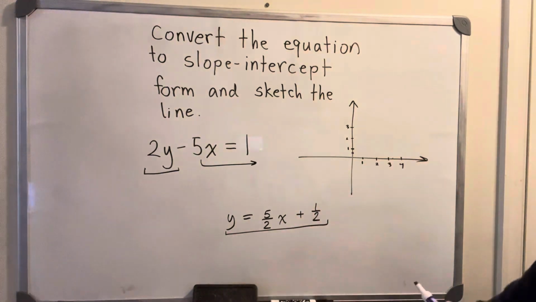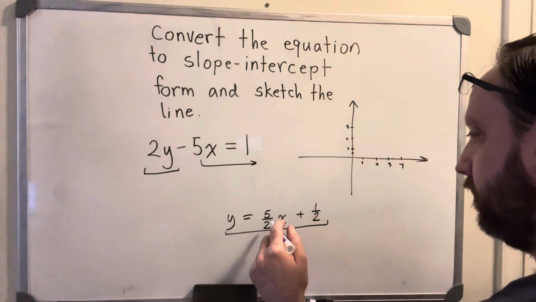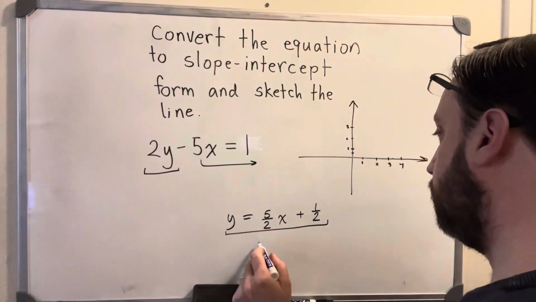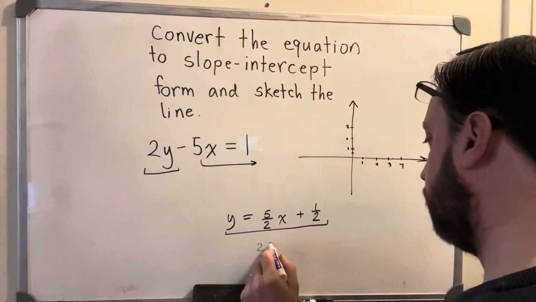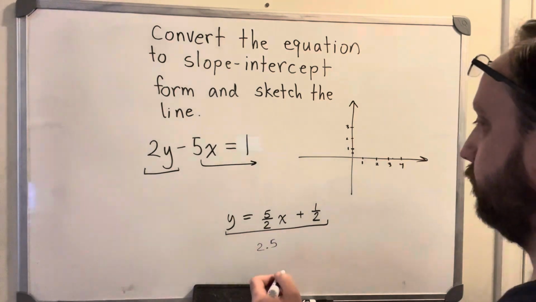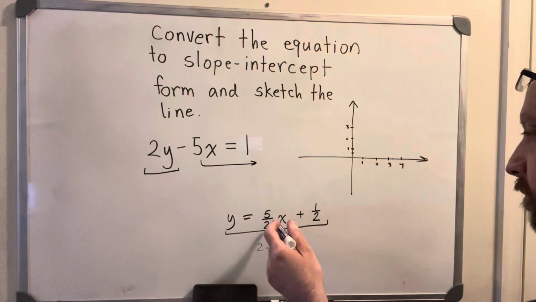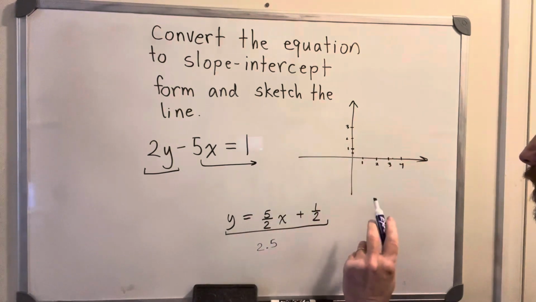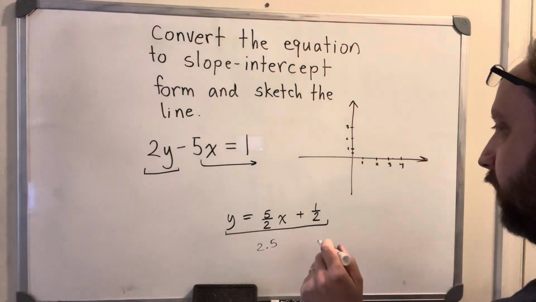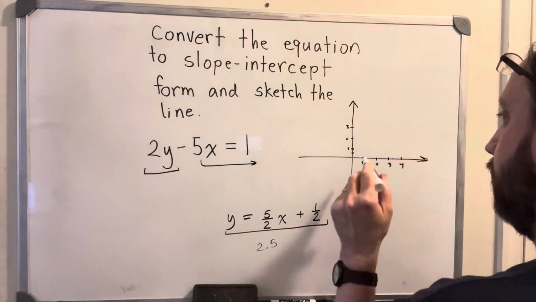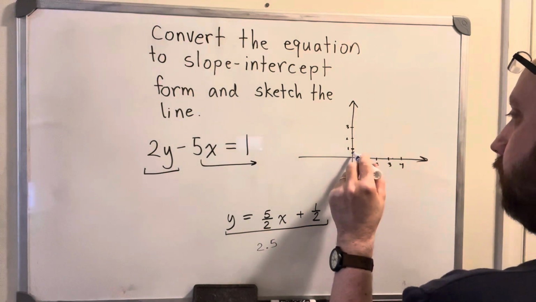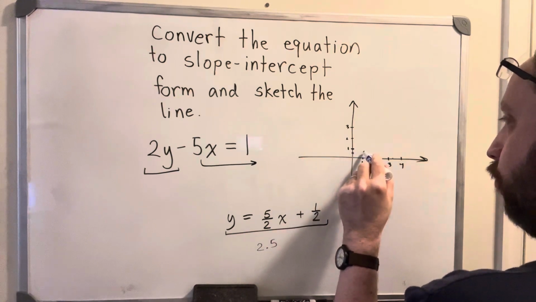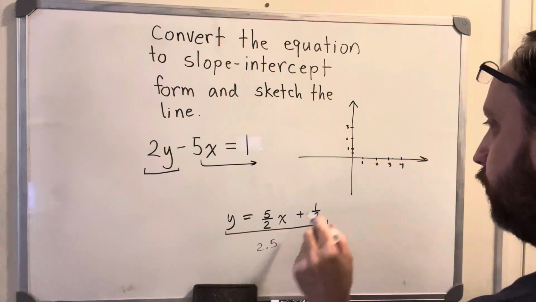Okay. Now what is 5/2 in decimal? It's 2.5, right? So that means every time x increases by 1, the rise is positive 2.5. So if it's at 1/2 right when x is 0, then by the time x is 1, it's gone up 2.5.